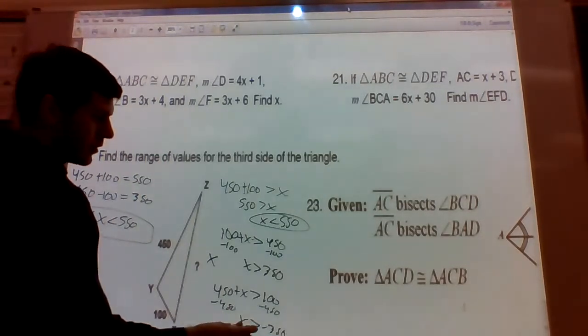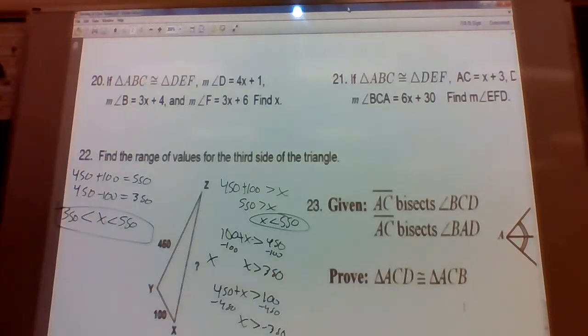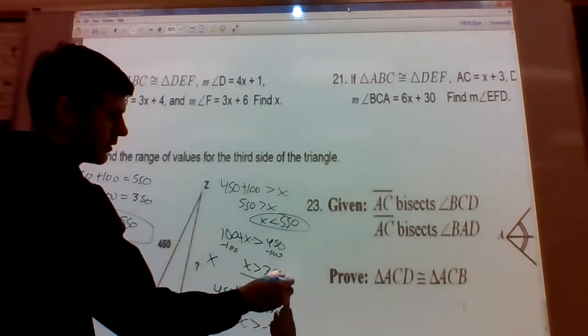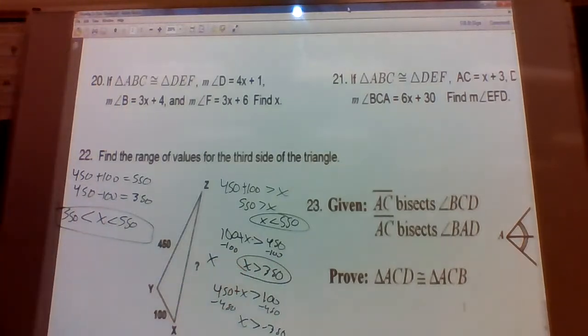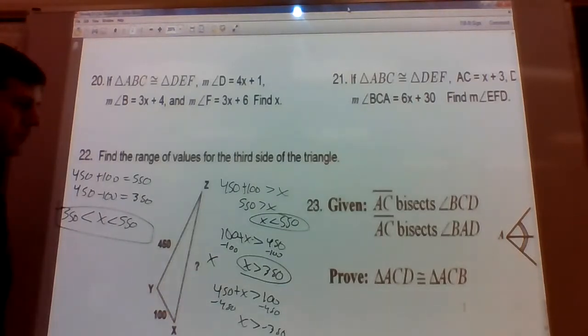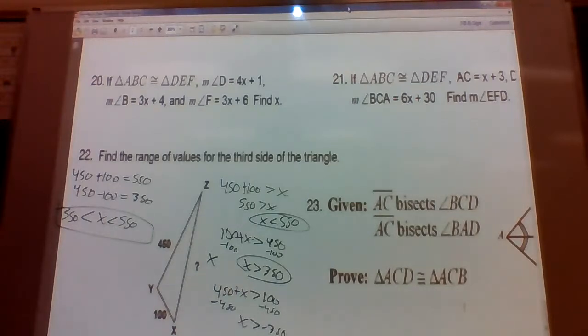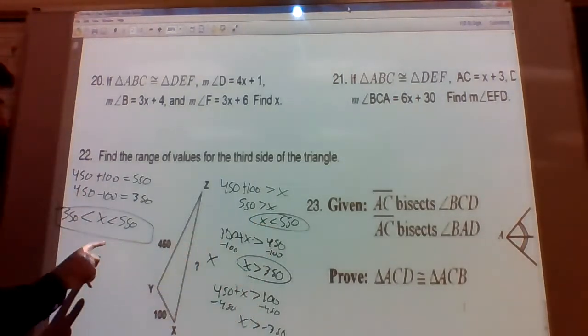So in order to be greater than negative 350 and greater than 350, we can just include the numbers that are greater than 350. Because if it's not greater than 350, it's not going to fit this expression, even though it might fit this one. So greater than 350, less than 550.